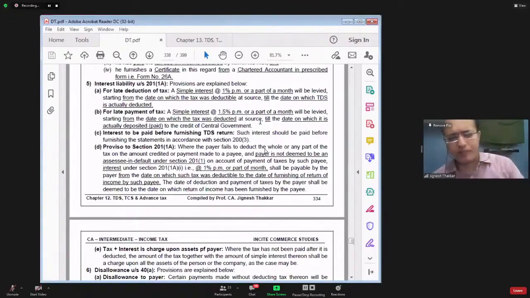For 2 months, you have to pay interest at the rate of 1.5% per month. So for 1 month, you have to pay interest 1.5% on the amount of TDS. So for 2 months, you will be required to pay how much? 3%. For 2 months, you will be required to pay 3% on the amount of TDS.